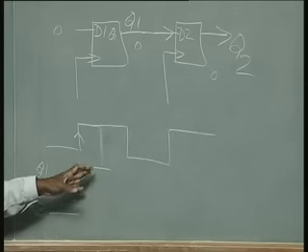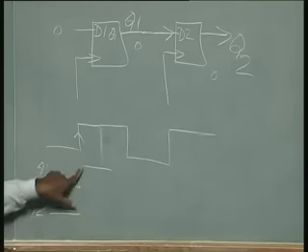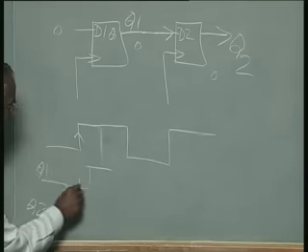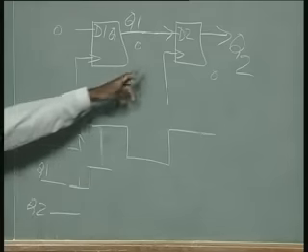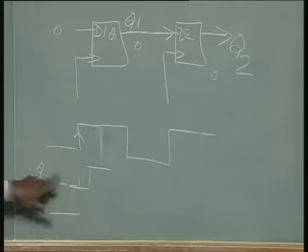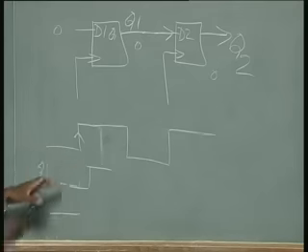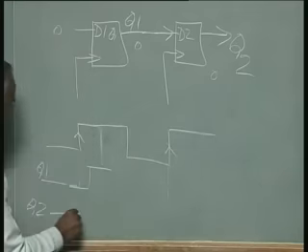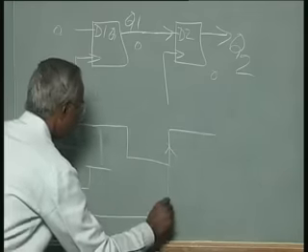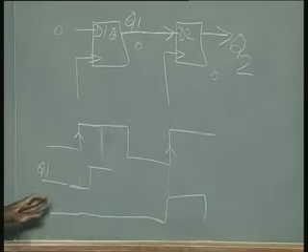That means although we put the output right here, it is actually slightly delayed. Therefore, when the clock struck, this is going to sense 0 of Q1, not 1, and it will be sensing 1 only in the next clock. Are we clear? So this Q2 will change only in that clock, hence you have a delay.